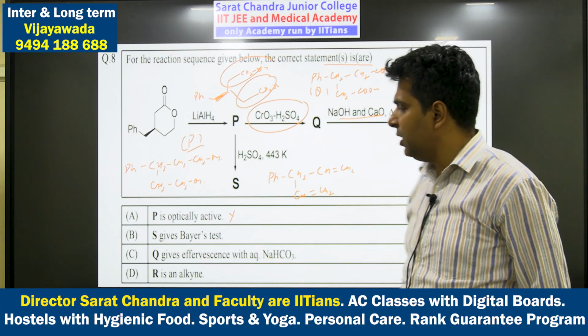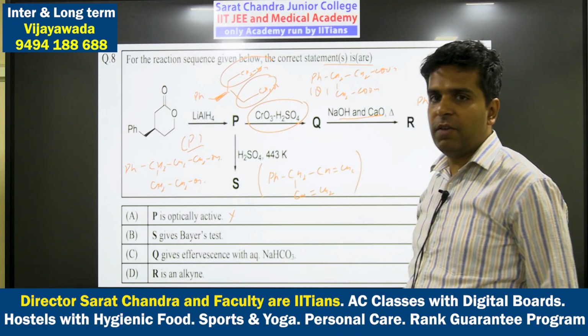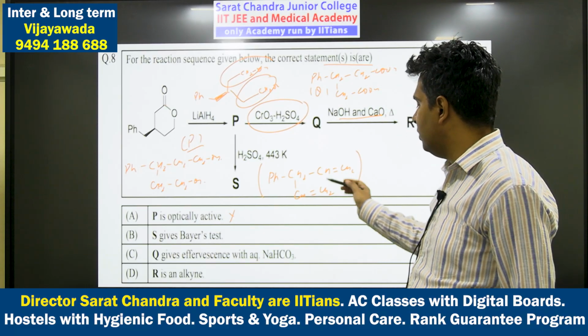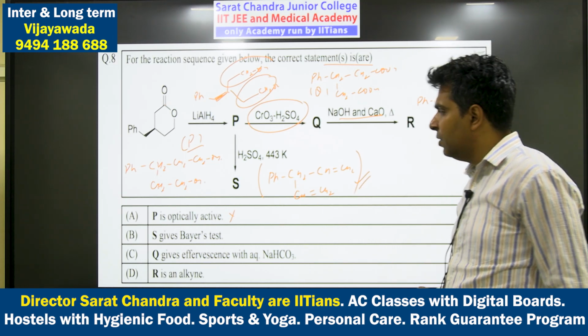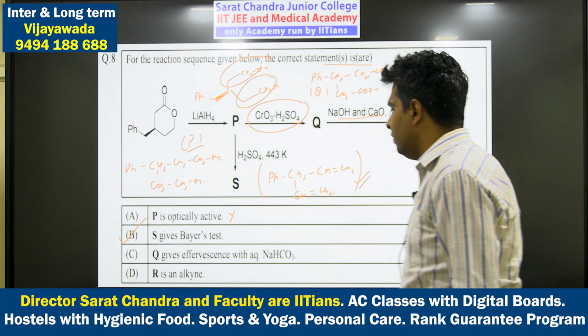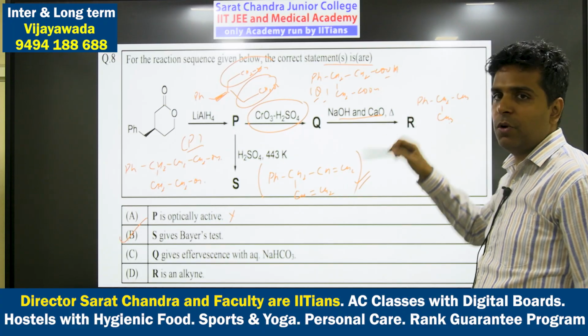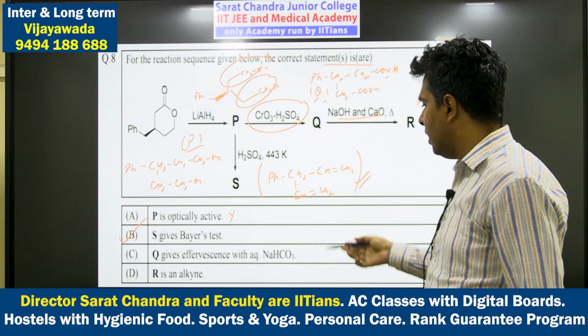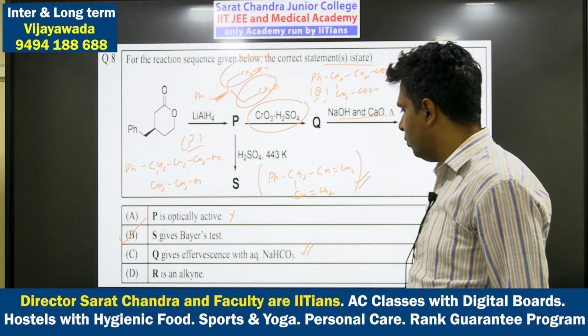Now option B is saying S gives Baeyer's reagent test. This is S. The Baeyer test is given by alkenes. It has unsaturated hydrocarbons, a double bond, so S will give the Baeyer test. Now, Q gives effervescence with sodium bicarbonate. Q is a carboxylic acid, which is more acidic than carbonic acid, and this will give effervescence with sodium bicarbonate.